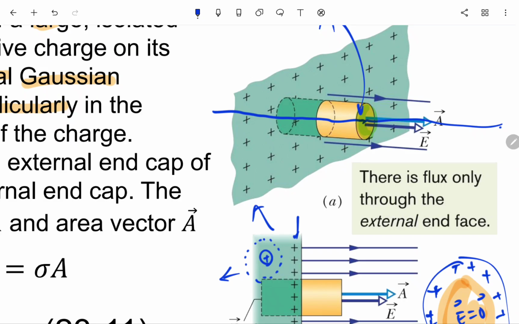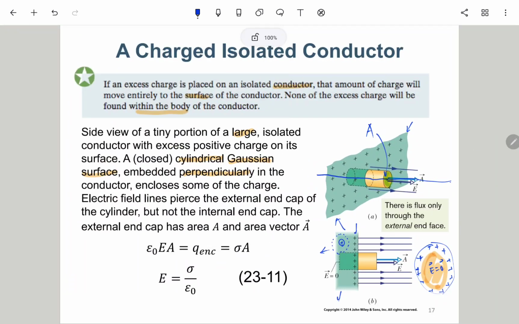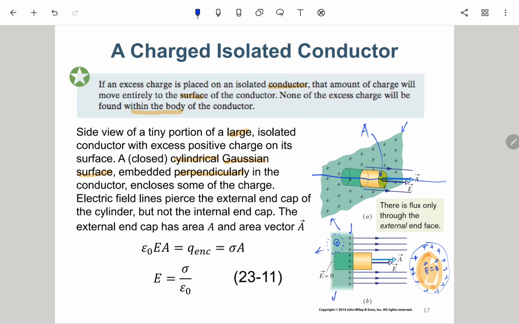No matter how you shift the cylinder, you see the same thing, so there should be symmetry. The E field should be perpendicular, and as this is positive charge, the E field should point away from the conductor.